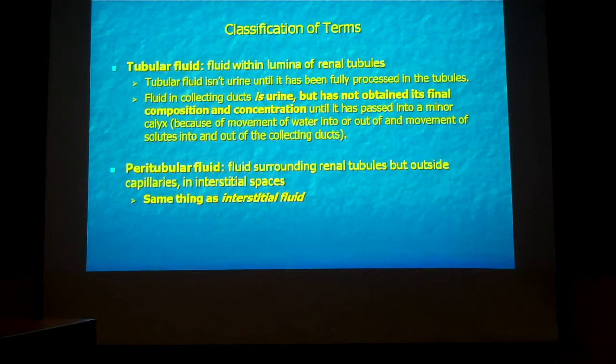So it's not going to have its final composition and concentration until it drips out of the end of the collecting duct via the renal papilla into the calyceal system. Then for sure it'll be the same as what's going to show up in the bladder. Peritubular fluid is just interstitial fluid. Peri means around. So it's the fluid that bathes the outside of the tubules. It's the same thing as interstitial fluid.